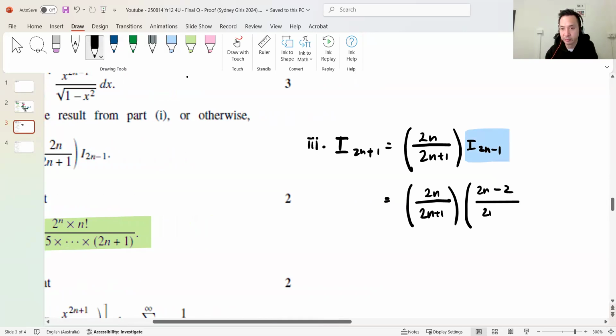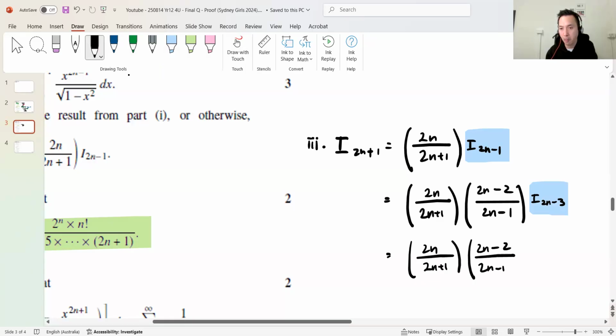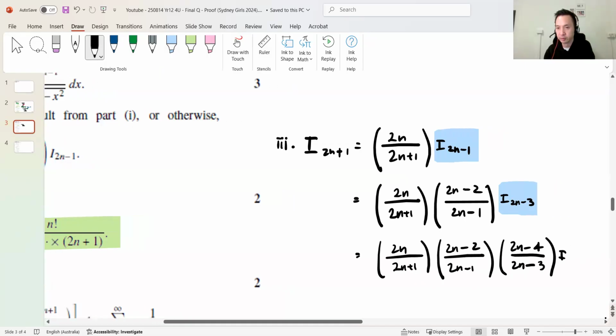And this should be exactly the same. Right? And then it'll be 2 lower, so 2n minus 3. Right? And then I'll unwind this guy as well. So sub in the recurrence formula there. So it becomes 2n plus 1. And then you start developing a pattern, right? You just go 2n minus 2, 2n minus 1, and then 2n minus 4, over 2n minus 3, by 2n minus 5, right?